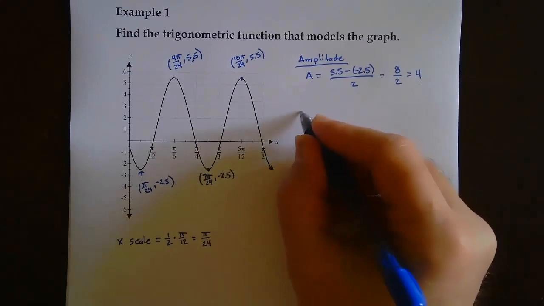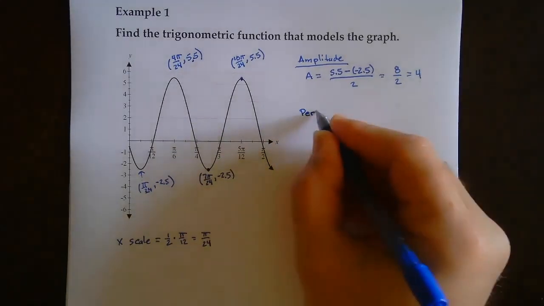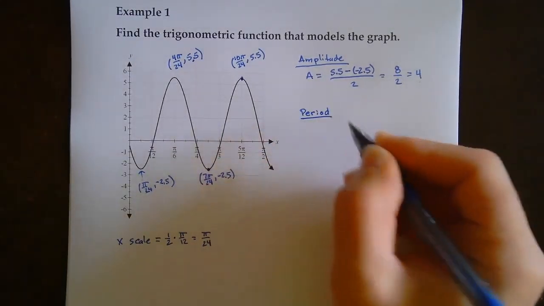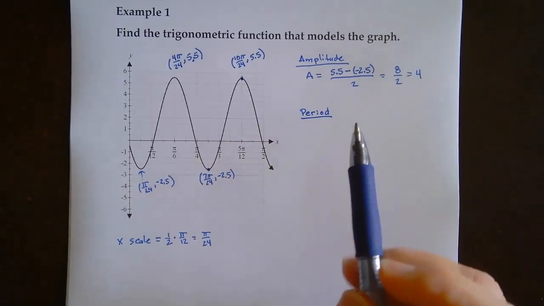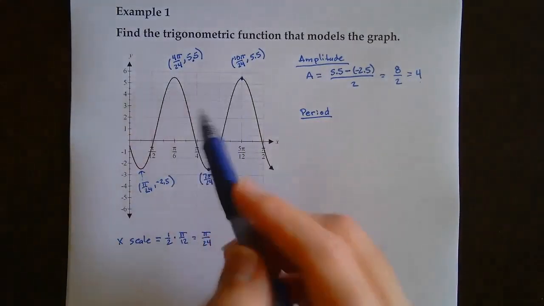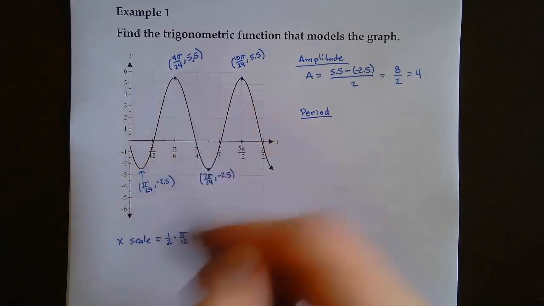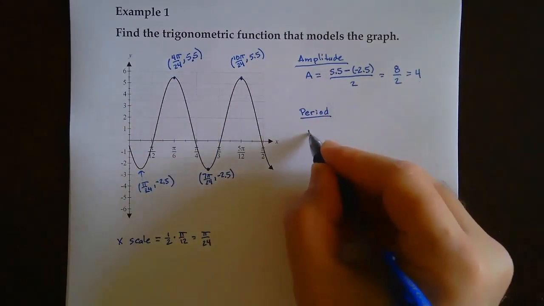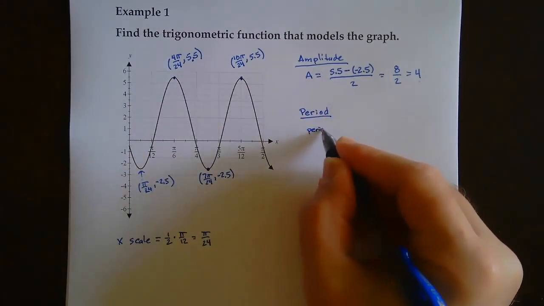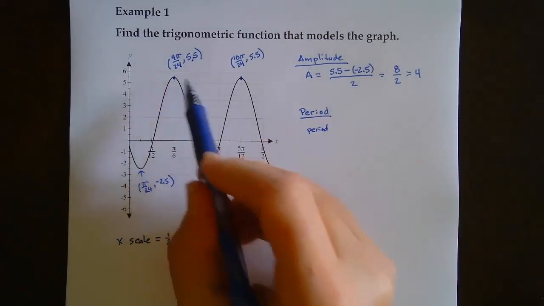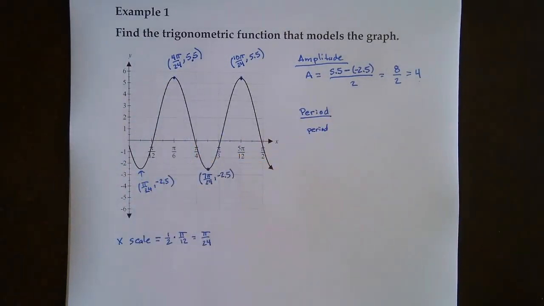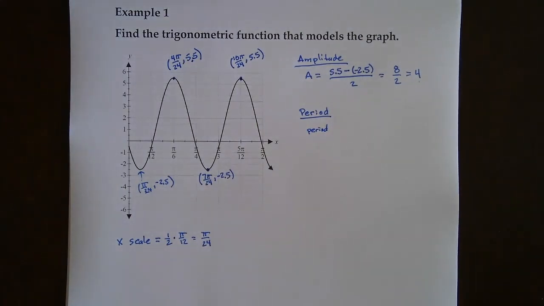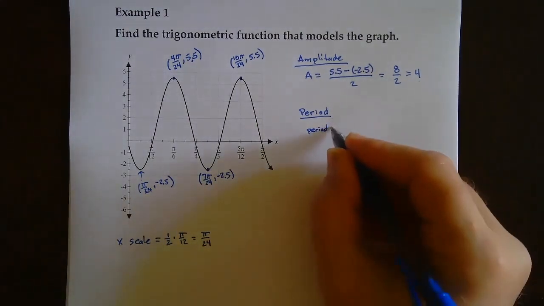Okay, so let's next find our b value. But before that, we got to find our period. Okay, I'm going to do this a couple different ways, okay? I'm going to go from max to max because that's kind of what I said to do in the directions, okay? So our period, it's going to repeat from max to max. It'll always repeat, or min to min, okay?